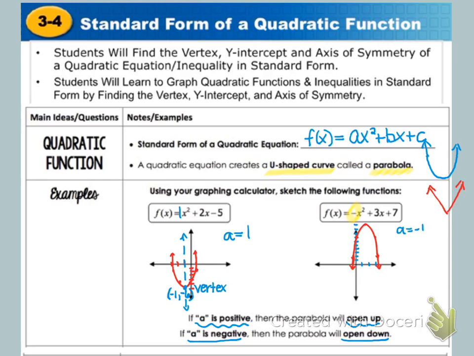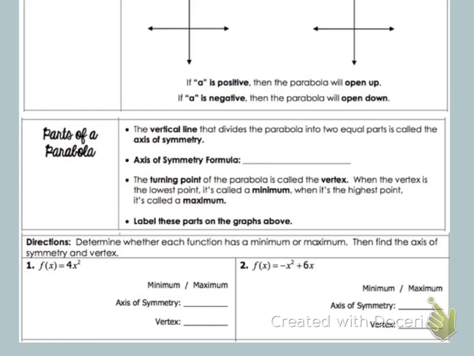Now you see there still is this axis of symmetry and this vertex. It's just that this time the vertex is the highest point the graph takes on, like the crest or the top of the hill, and you come back down. But there's still that vertex and the axis of symmetry, like a reflecting line, running right through that vertex. So let's talk a little bit more about that axis of symmetry.